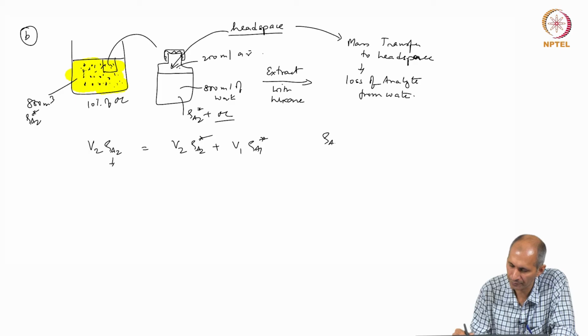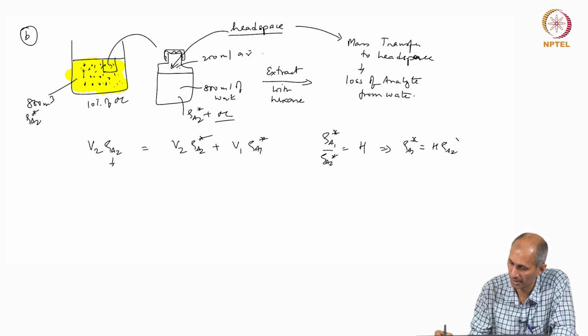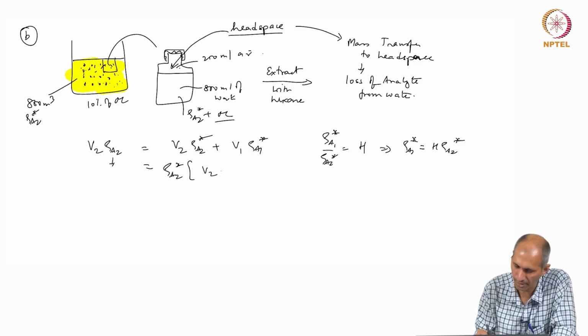Now, rho A1 star by rho A2 star is Henry's constant, which means that we have rho A1 star equals H rho A2 star. So rho A2 star equals rho A2 into V2 over V2 plus H into V1.